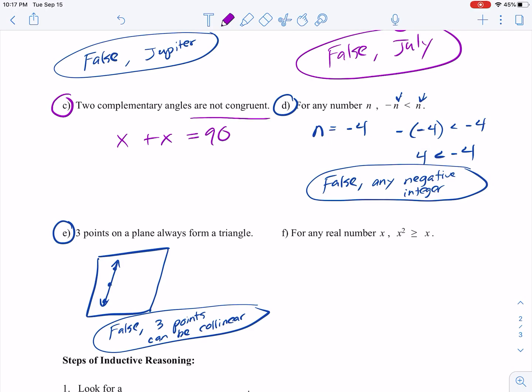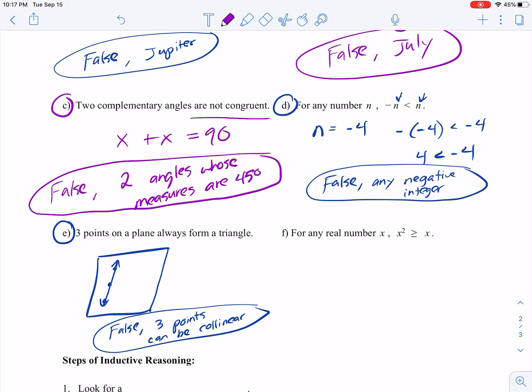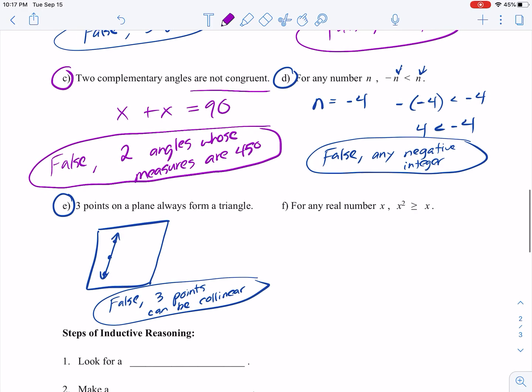Well, you can have 2 angles whose measures are 45 degrees. 45 plus 45 gets you 90. They're congruent because those 2 angles have a measure of 45 degrees. Congruent angles have the same measure.